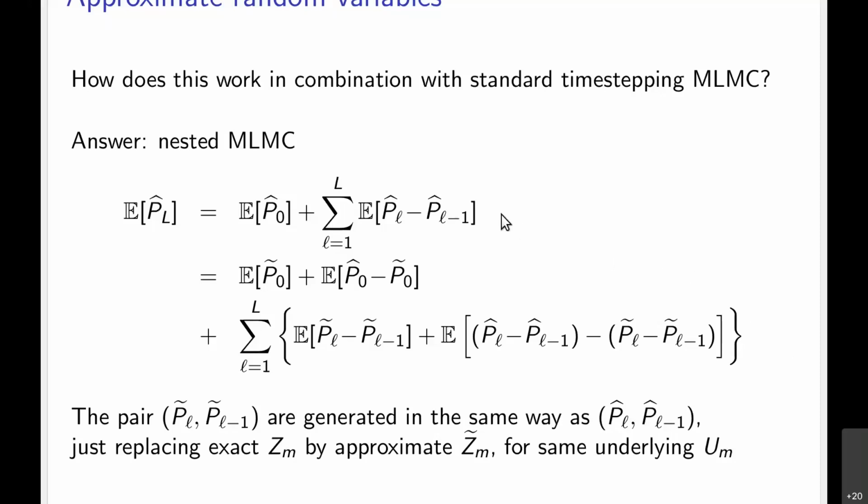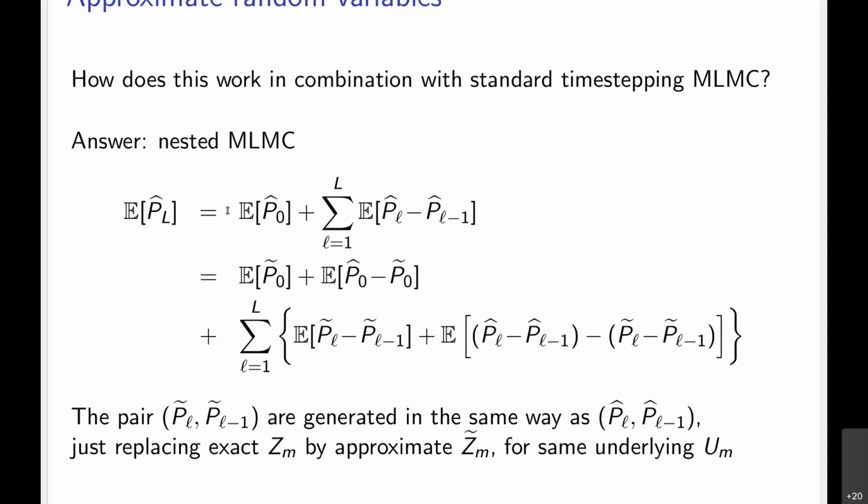We start with the classic multi-level for SDEs, where we have the expected value of p hat L, capital L, decomposed into the telescoping sum. And then each of those expectations, we split into an approximation using the approximate normal random variables plus a correction.